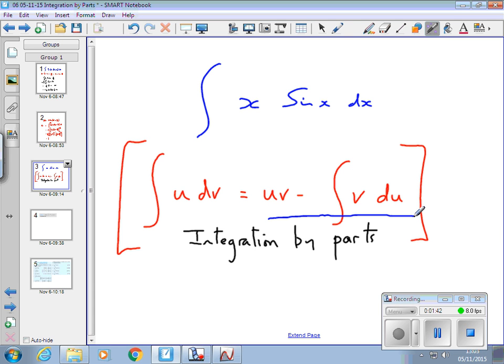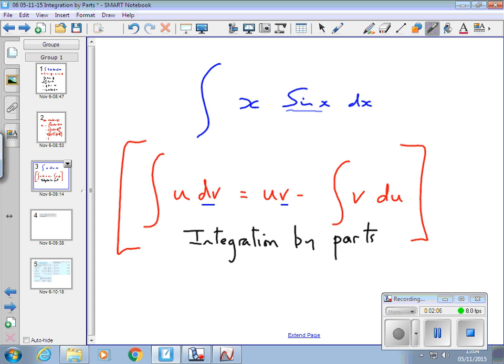So what does this mean? It means that the thing I call u is just put here. So that's the u. Well, if I say let x equal u, then that will be x. And this is v. I've got dv. So if I let this be dv, for example, then I'd have to integrate that to get v.